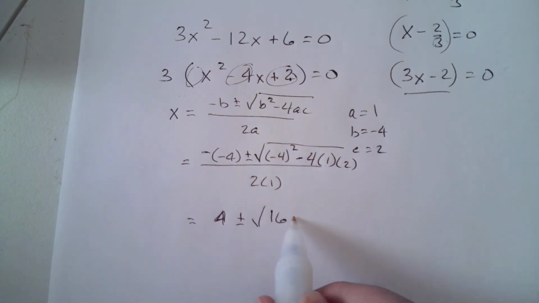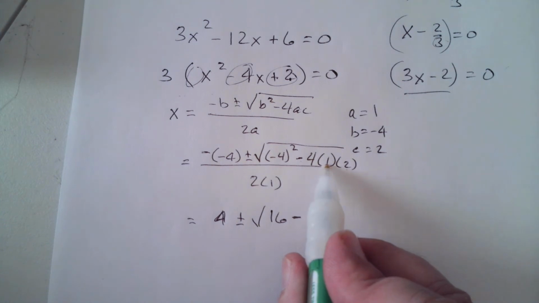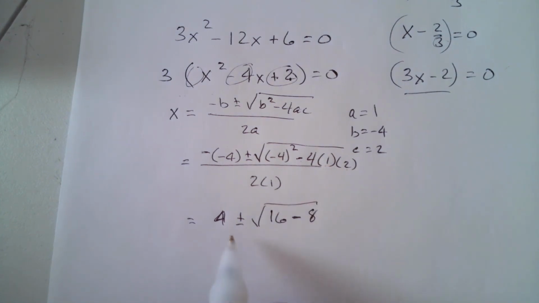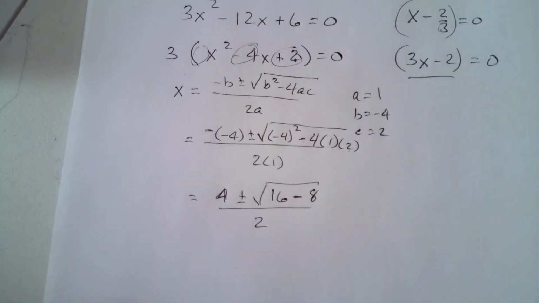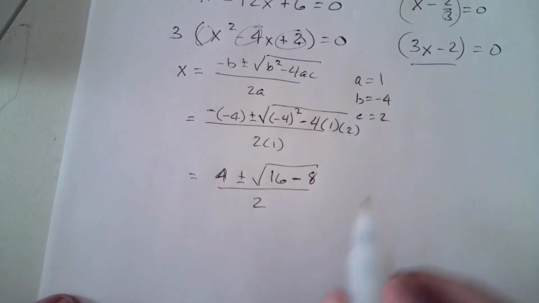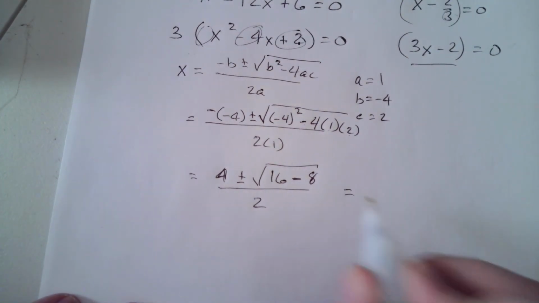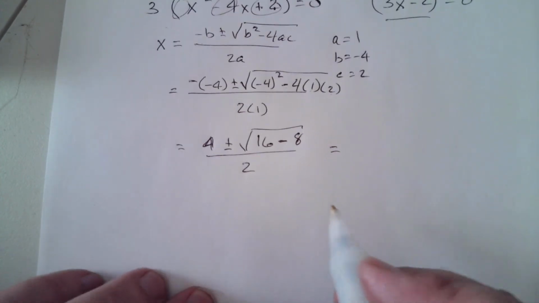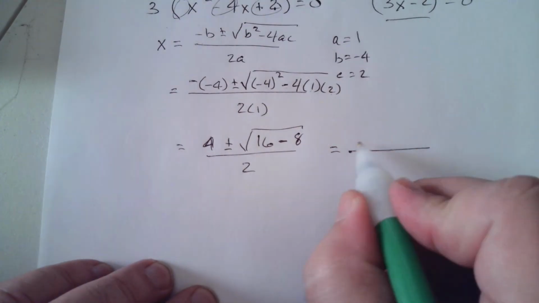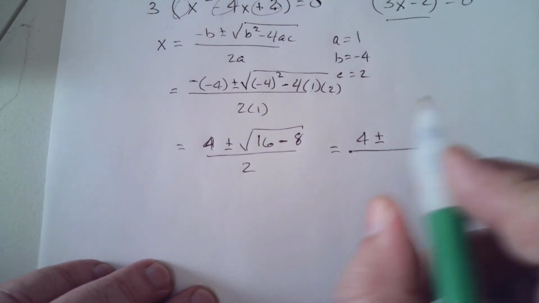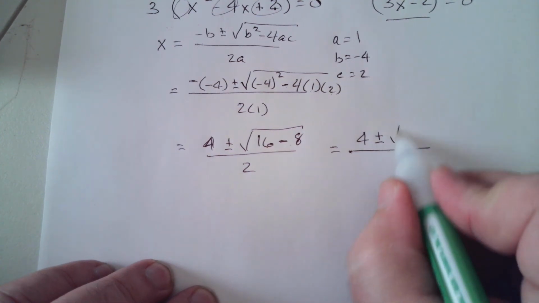Only one negative, so it's negative 4 times 1 is 4, times 2 is 8. So we have 4 plus or minus the square root of 16 minus 8, which is 8.